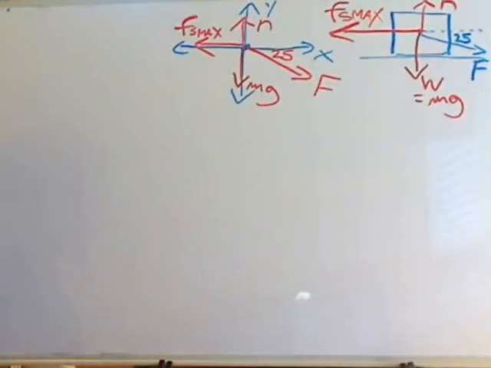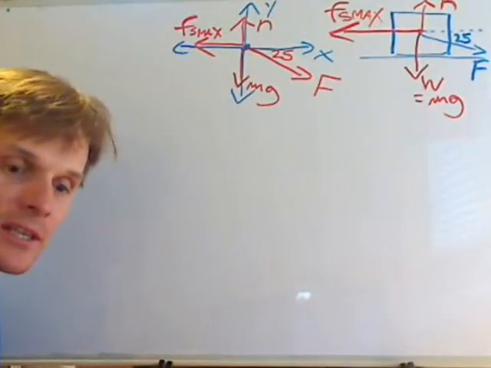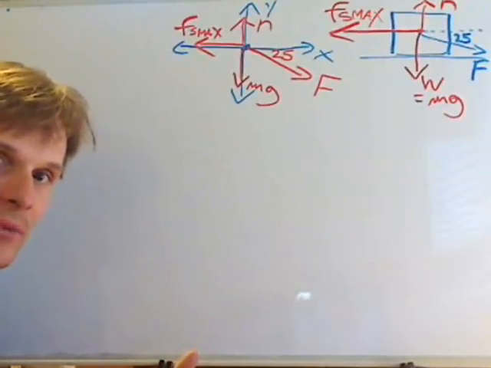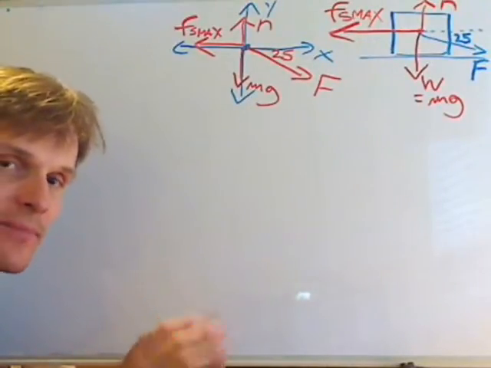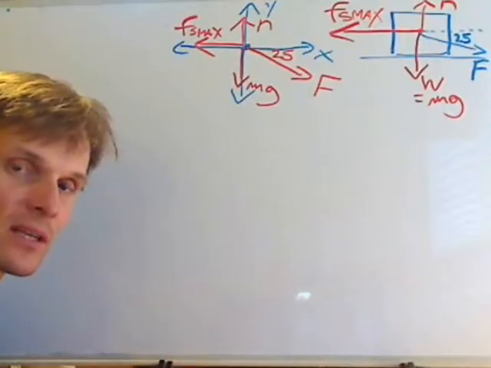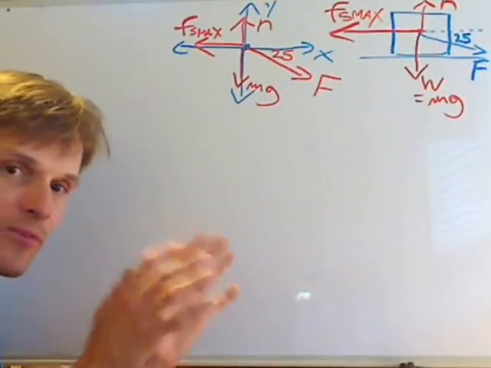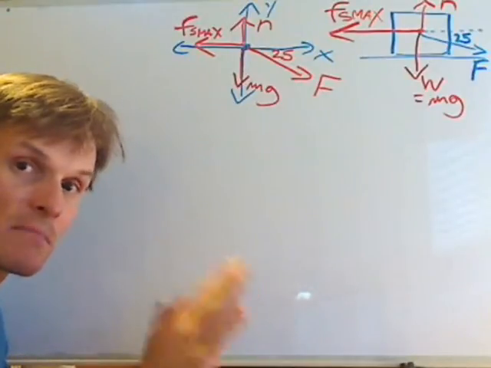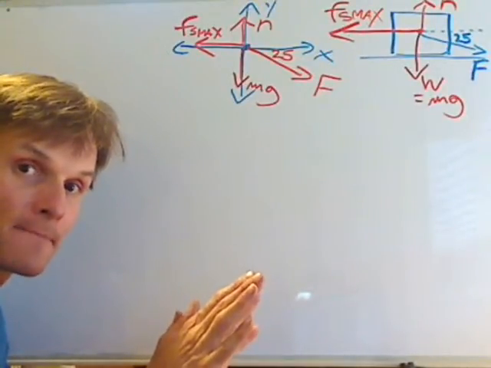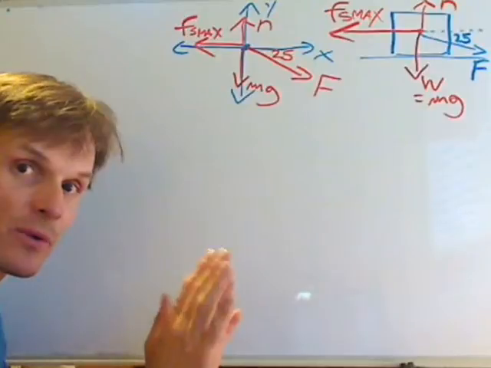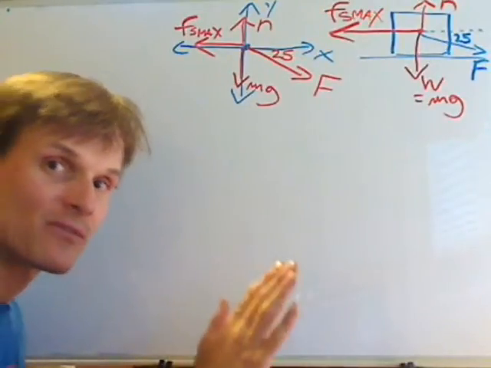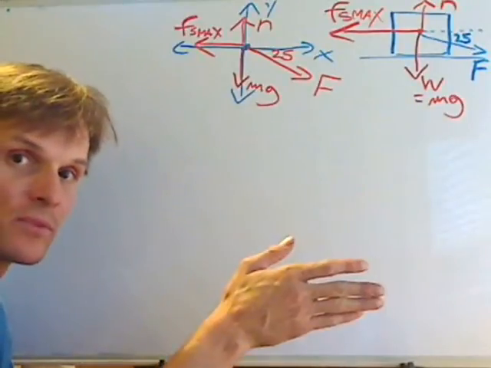Okay? Now, what else do we know about this situation here? Well, we basically know what the acceleration is right at the very point when this is about to move. So, right before this thing's about to move, the static friction force has reached its maximum. Okay? But it hasn't started moving yet, so our acceleration is still 0. Finally, we exceed that force, and it starts to move.